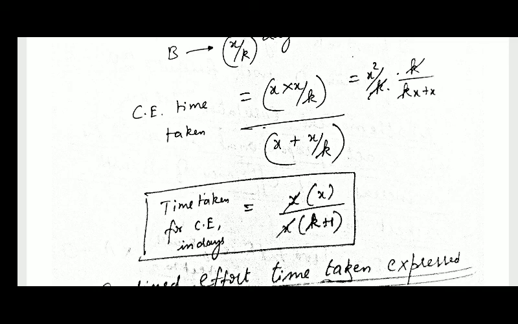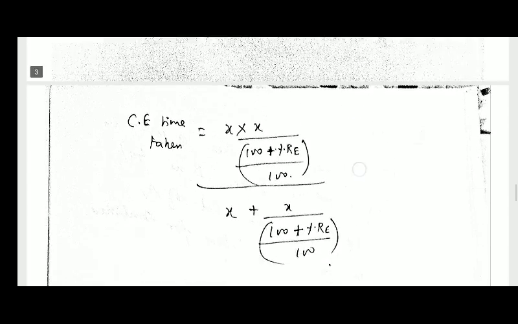Now if we express this in the context of percentage rise of B with respect to A, this equation will assume a different form. Instead of K, when I express it in terms of percentage higher efficiency of B with respect to A, it will be x into (x divided by (100 plus percentage RE) by 100), the whole divided by x plus (x divided by (100 plus percentage RE) by 100).